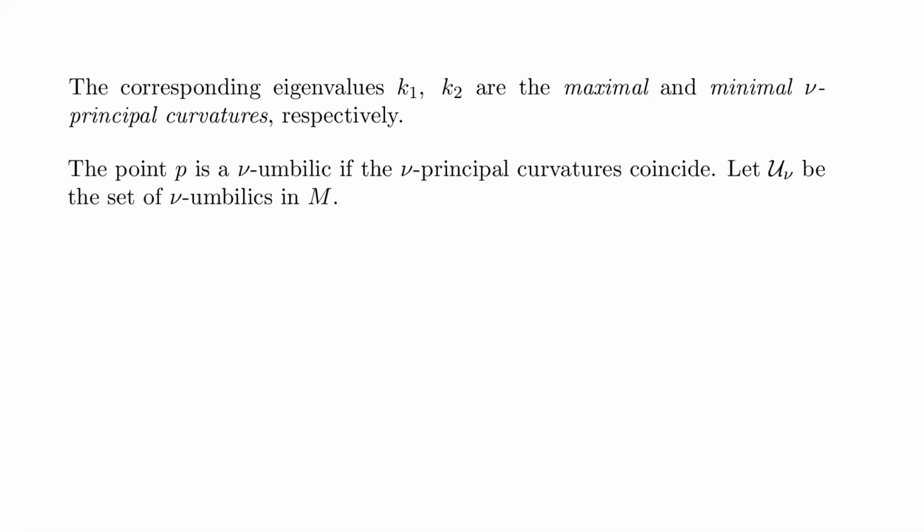And of course, you can have the same thing, but with respect to a normal. So the point P is an umbilic if the nu principal curvatures coincide in the same way. It's completely similar to the case in R3, but you have to consider codimension 2, and you have to consider just a normal, and the analysis with respect to the normal. Of course, it depends on the normal.